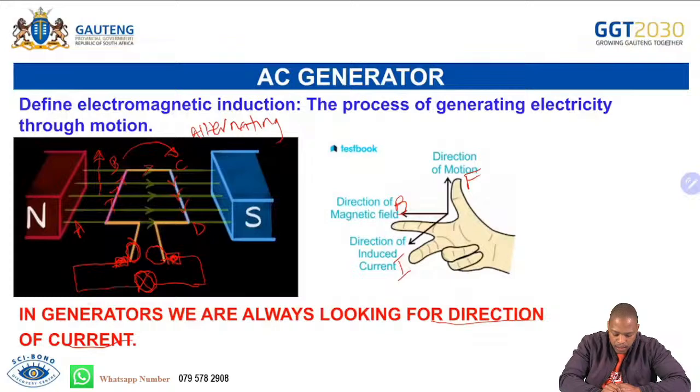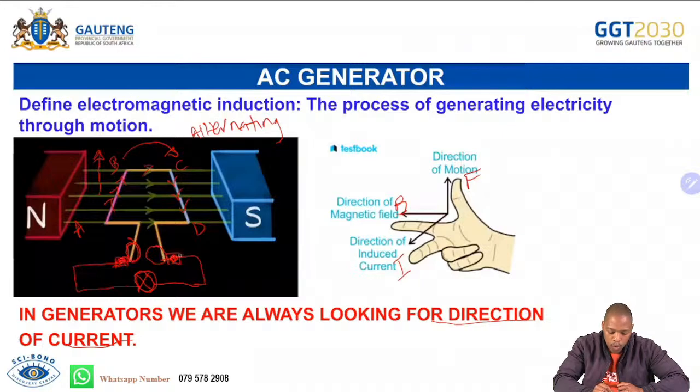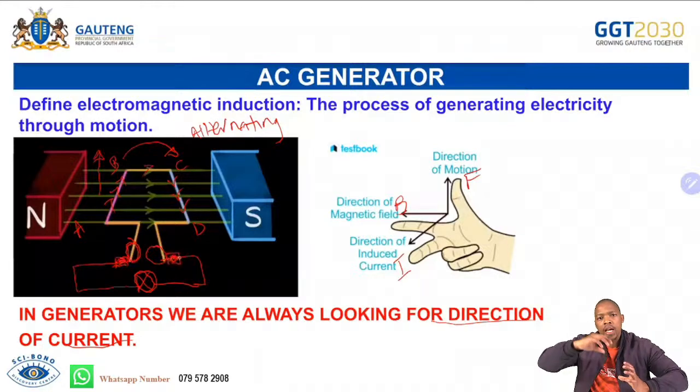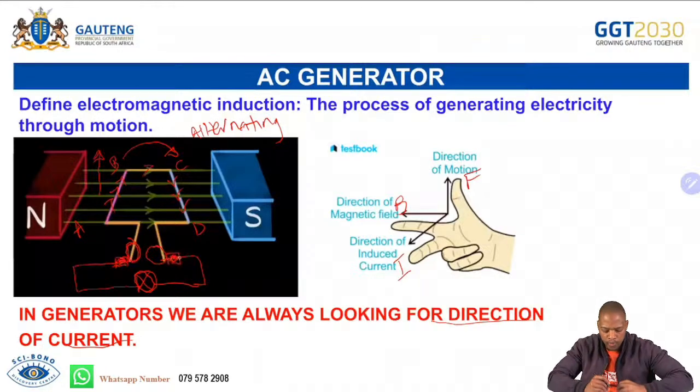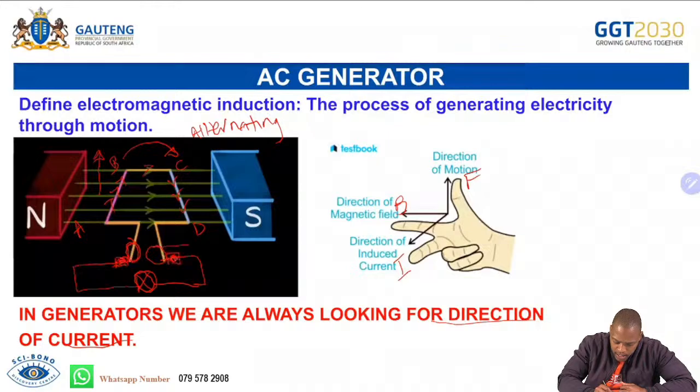So these rings are supposed to maintain only the same part. As this thing is moving, it will only be connected to this. It is not going to go from one side and connect to the other side. It will only be connected to this side, while this will always be connected to this side as the rings are moving.